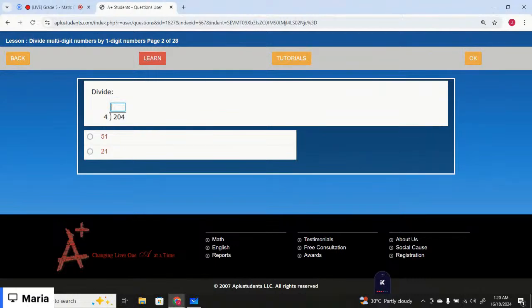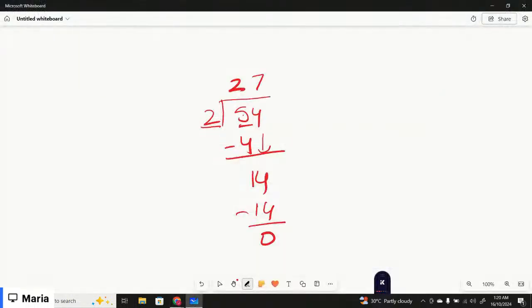204 divided by 4. You need to count the table of 4 until 20.